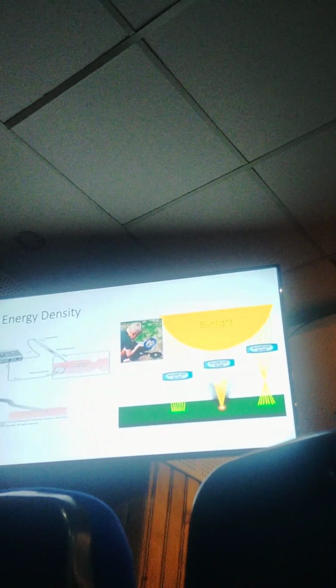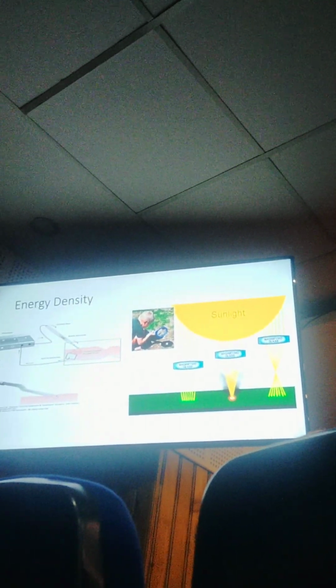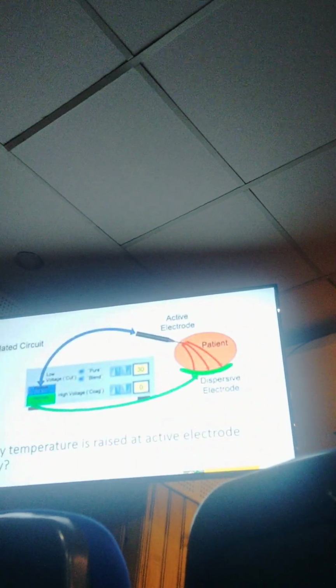Our active electrode or handheld device has a sharp point, and the tissue it contacts has the highest energy density. It's like putting a lens and concentrating all the energy from the sun at a point: the paper will burn. A similar concept applies, so we get the desired effect because of energy density.